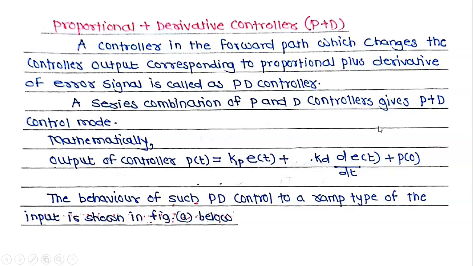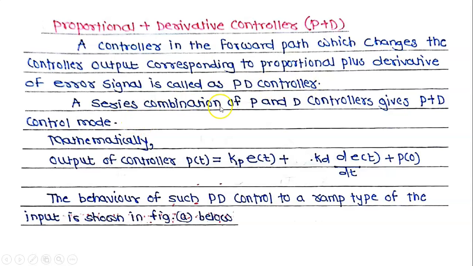Now the next controller, that is the proportional plus derivative controller, the P+D controller. A controller in the forward path which changes the controller output corresponding to the proportional plus derivative of the error signal is called a proportional plus derivative controller.